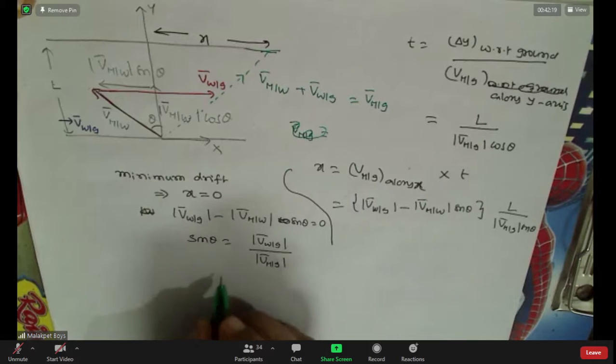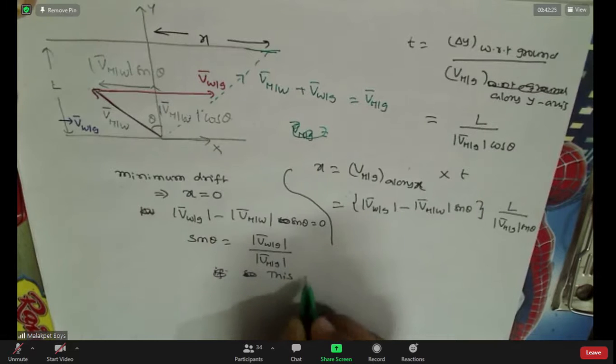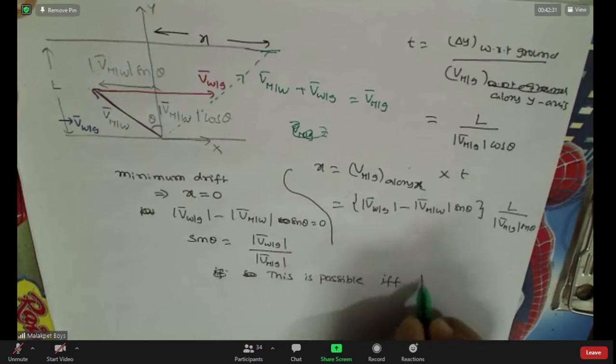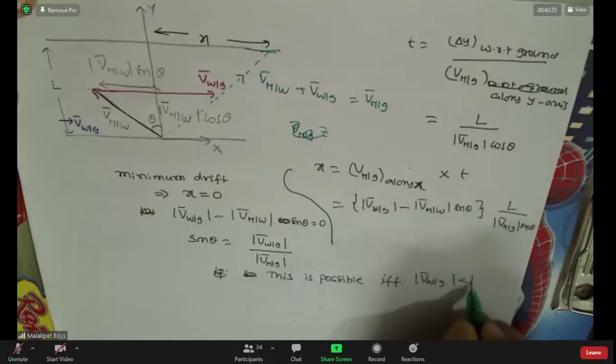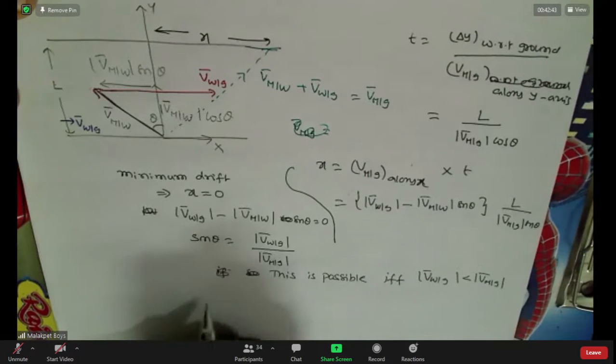So this is possible. This is what you learn now. Understood this?